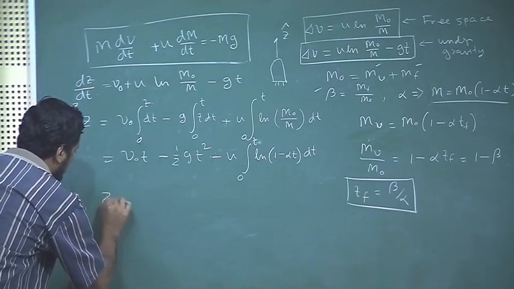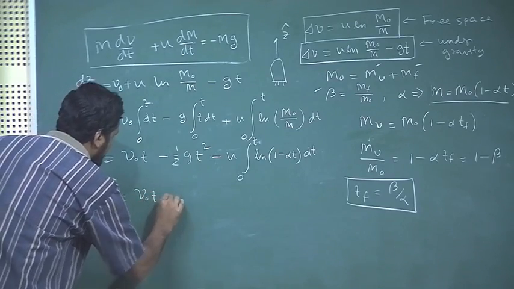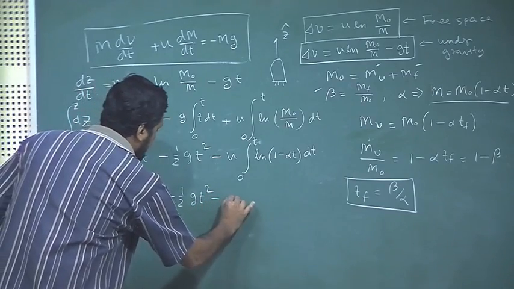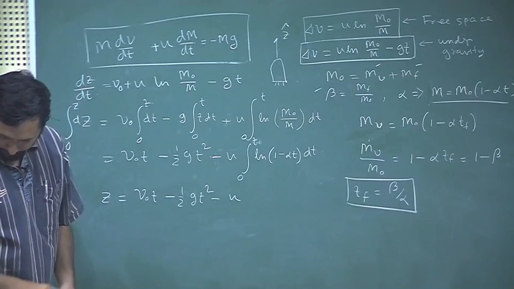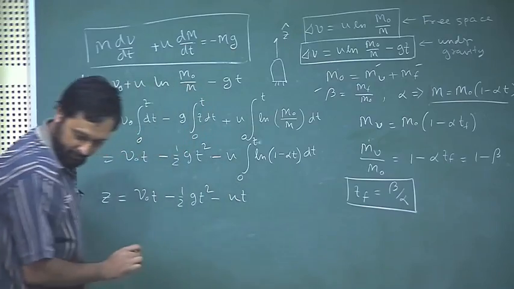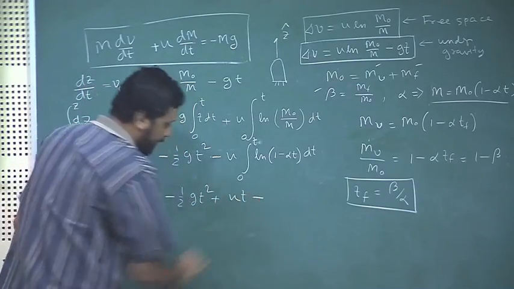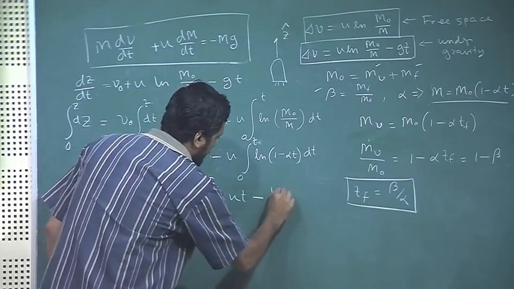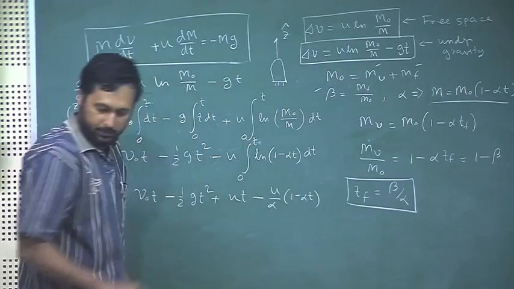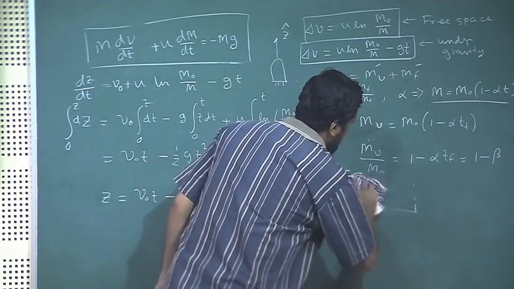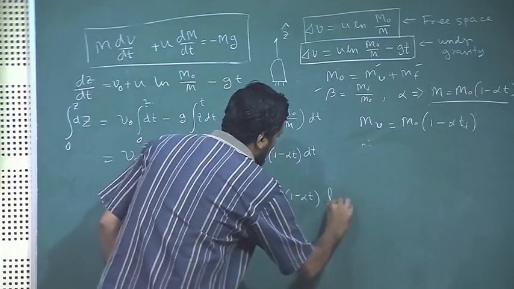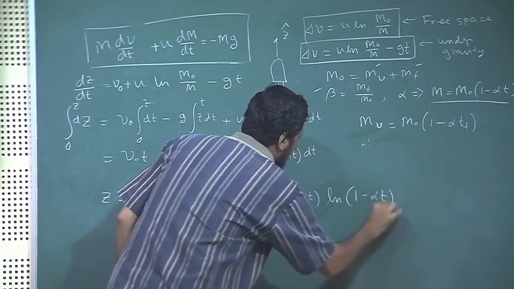The final expression for z will be V0 t minus half g t square plus u t, so there will be a u t term coming up, and there will be a minus u by alpha into 1 minus alpha t ln 1 minus alpha t, right.